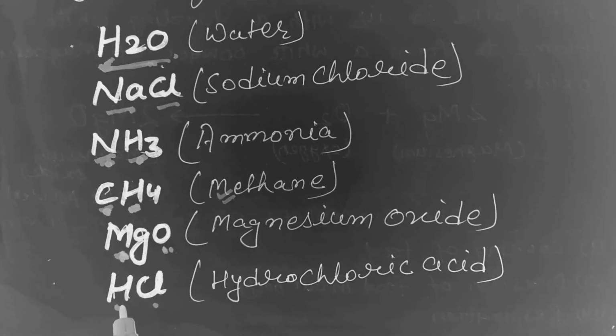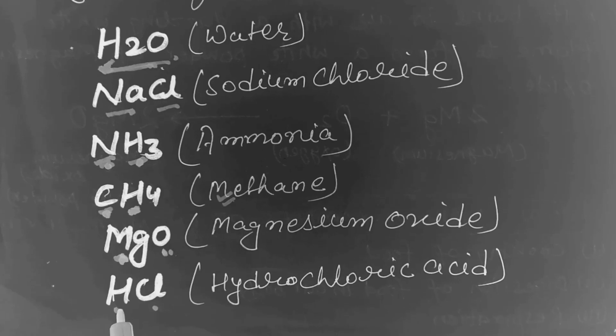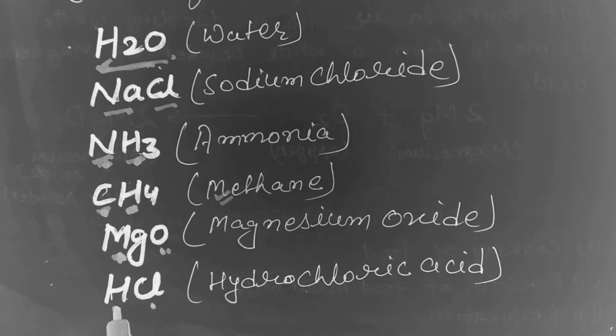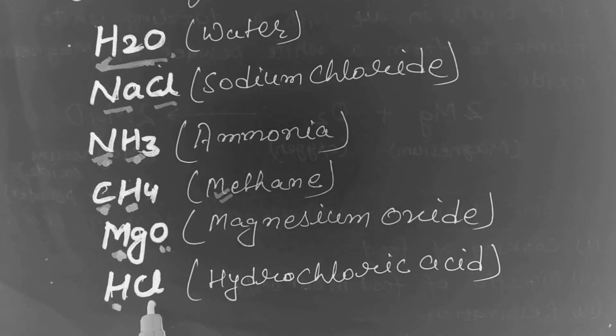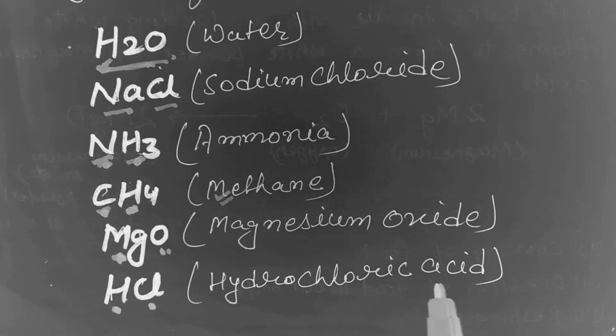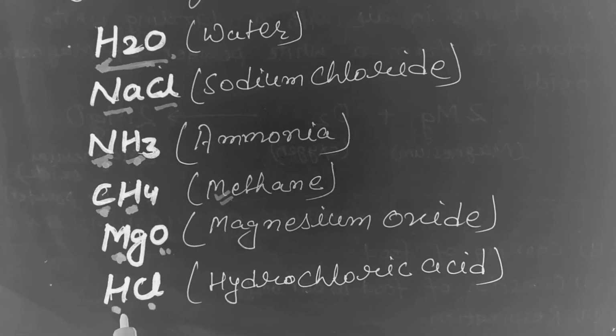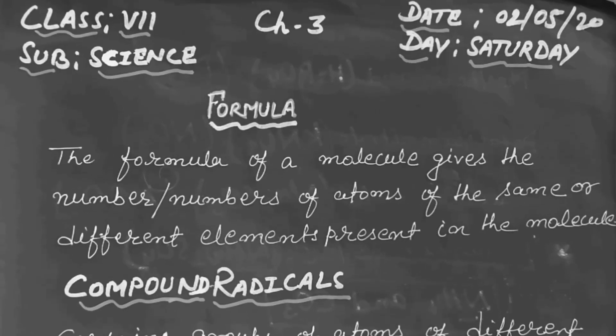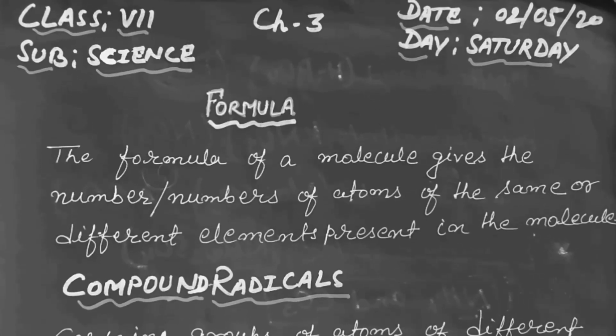Now next, hydrochloric acid. In this case also, one atom of hydrogen, one atom of chlorine; it is the symbol of hydrogen, it is the symbol of chlorine. Both react to each other to form hydrochloric acid, and you may say hydrogen chloride also. You know, formula is the singular form of formulae.